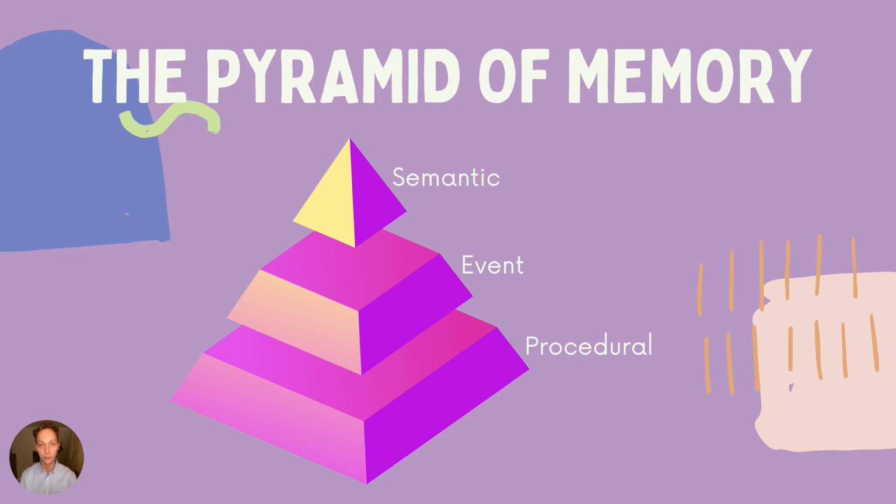One of the really interesting things about thinking about memory in this way, with these three different categories, is that they don't actually have to connect to one another. I can have, as an example, procedural memories without event memories. I know how to read, that's procedural, but I don't have any specific memories of learning to read.